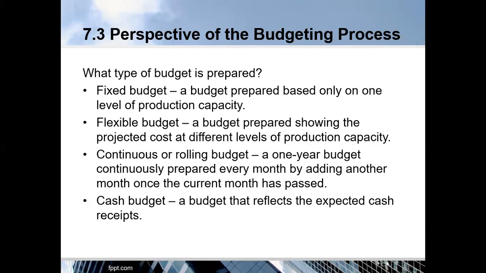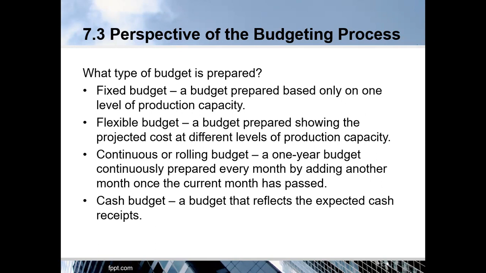What type of budget is prepared? We have the fixed budget, a budget prepared based only on one level of production capacity. So, for example, meron tayong target sales or target number of units to produce. So yun, meron na tayong mga fixed budget dyan.